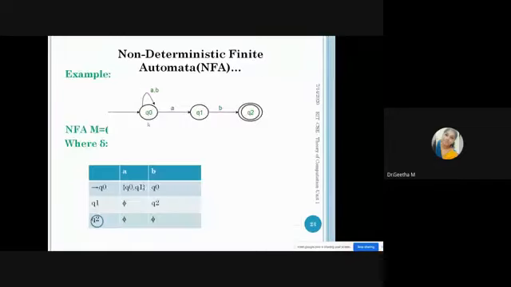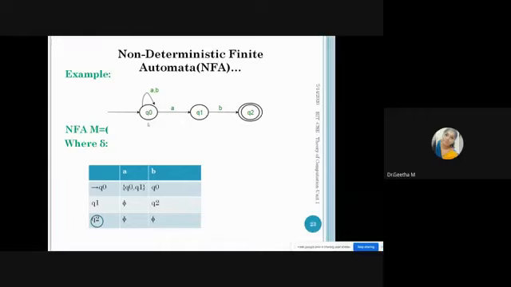Q0 is the initial state, Q2 is the final state. This final state I have given within a circle. So either a star or within a circle you can mention your final state. Please note it down. Either a star can be used for indicating that this is a final state, or you can write it within a circle. So anything can be given.